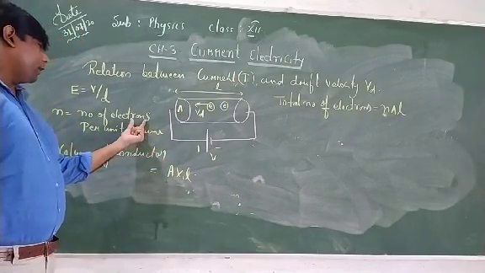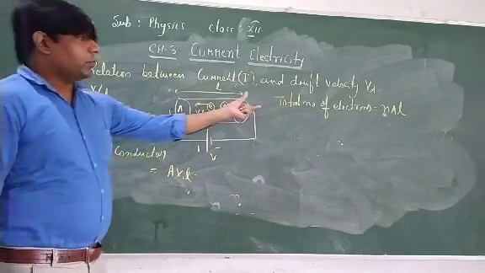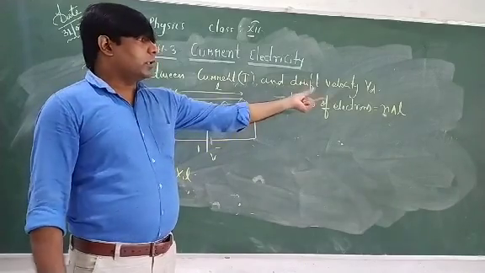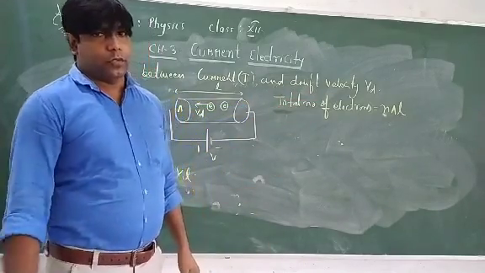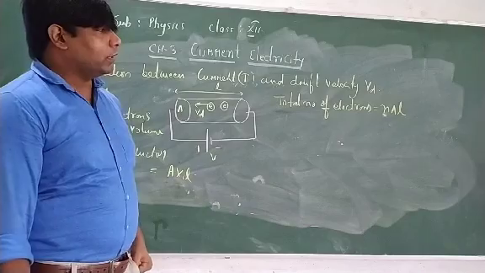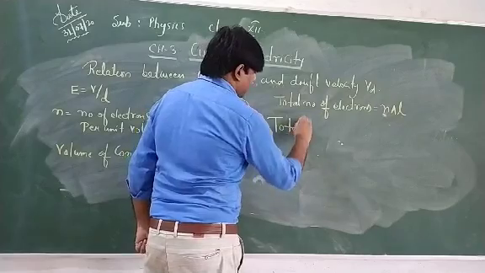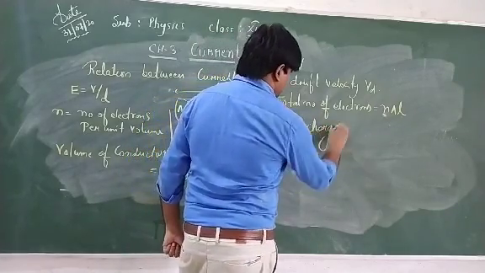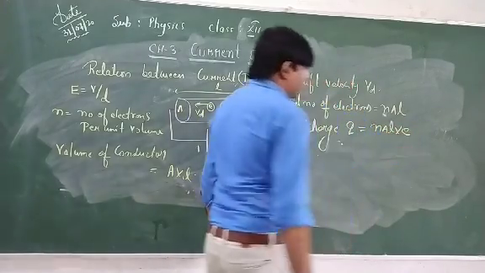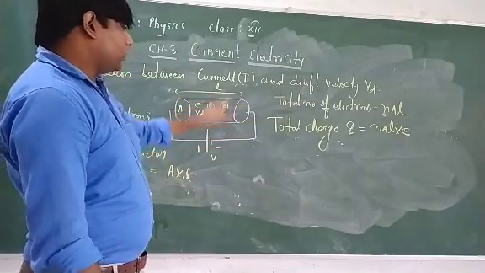Now the total charge is the total number of electrons multiplied by the charge of one electron. You can take that charge as Q or as E. So Q is equal to number of electrons multiplied by charge. This is the total amount of charge in the conductor.